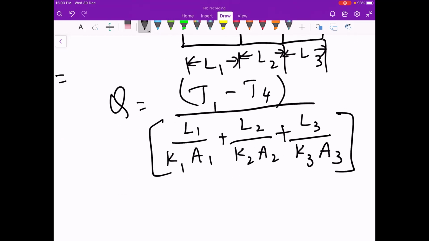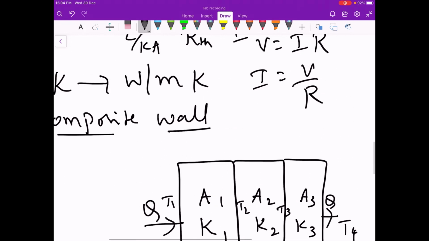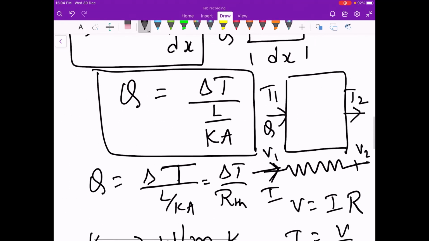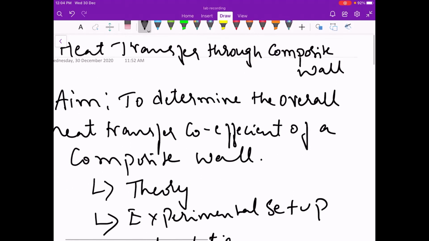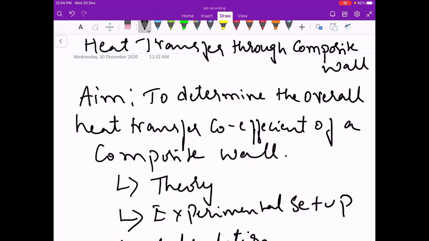So this denominator we can write like this: T1 minus T4 divided by the overall resistance. This is what is called the overall heat transfer resistance. If you have a heat transfer coefficient also associated with it, we will call it the overall heat transfer coefficient or overall resistance.